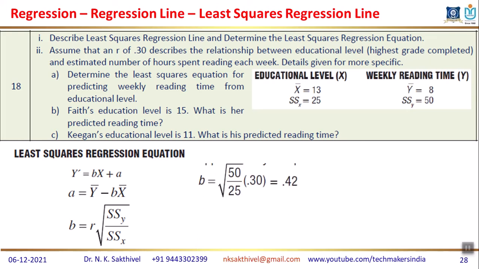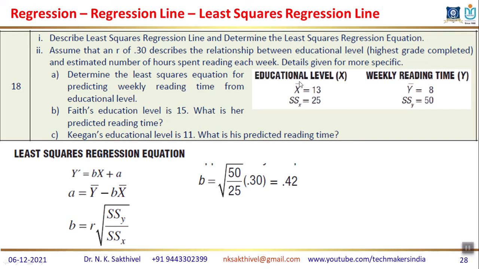For example, I am calculating b. I am explaining this question: determine the least squares equation for predicting weekly reading time from the education level. I have the education level, and for that education level I wanted to predict the weekly reading time.